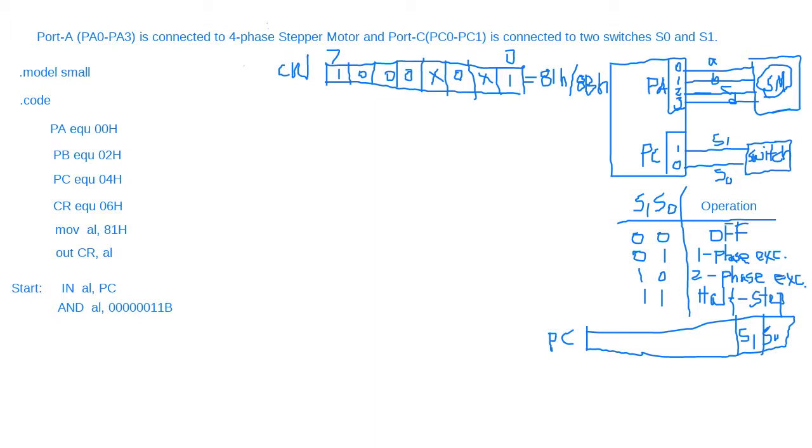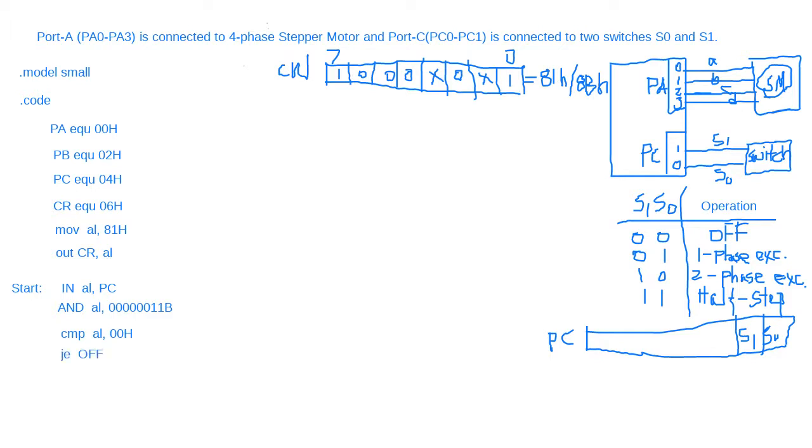Now we'll check the condition. Compare AL comma 00H. If S1 and S0 are 0 0 and others are 0 0, it becomes 00H. If it is 00H, it will go for off mode. So jump equal, then off. It is a subprogram.